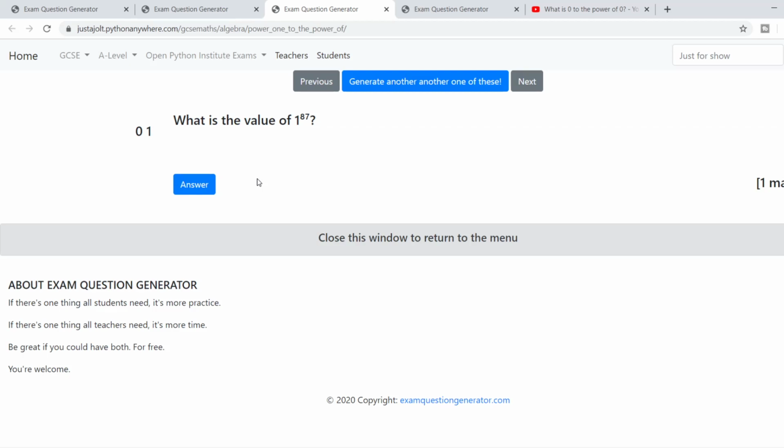Right, 1 times 1 is 1 times 1, still 1 times 1. Still 1 times 1, it's still 1. It doesn't matter how many times I write this out. I could write this out 57 billion, million, trillion, gazillion times, and the answer is still going to be 1. Still going to be just 1.